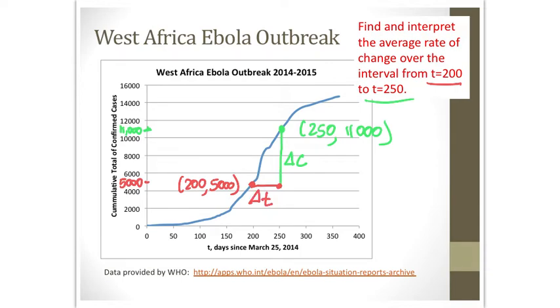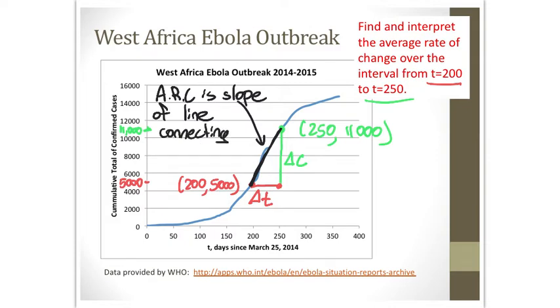And when we calculate this ratio, what we're actually going to calculate is the slope of the line connecting those two points. So the slope of the line connecting these 2 points is graphically how we can picture the average rate of change. So I can see that this slope is positive.